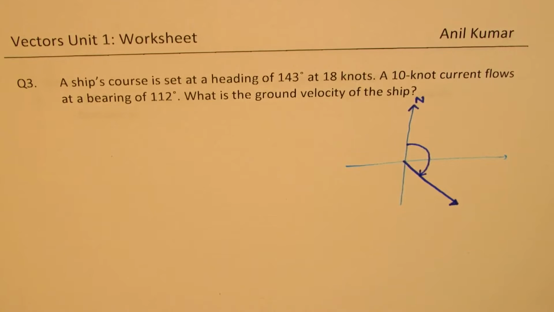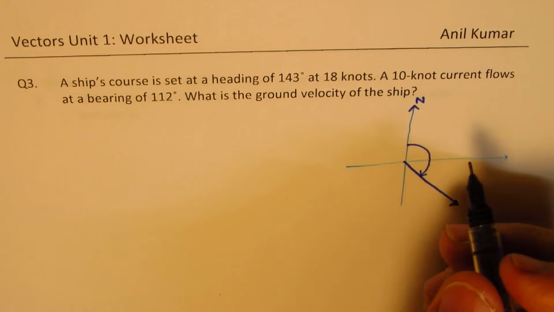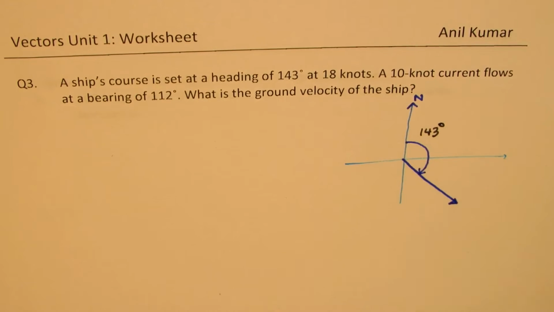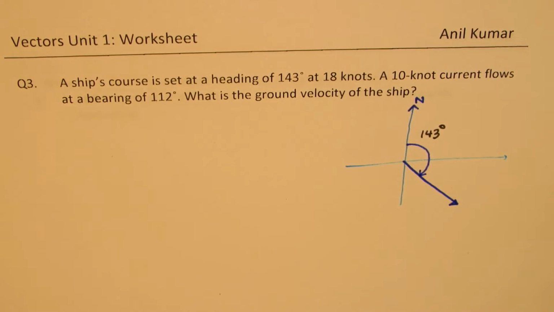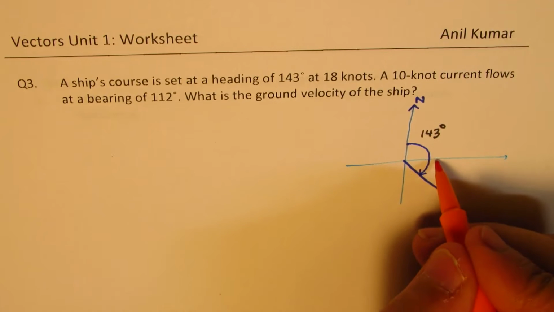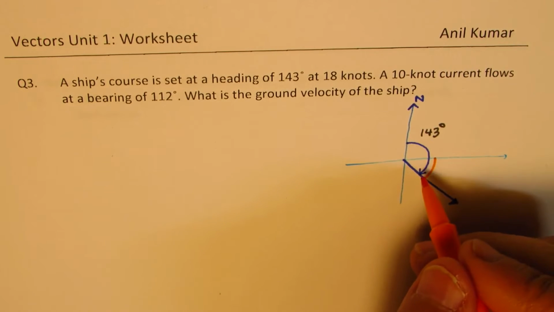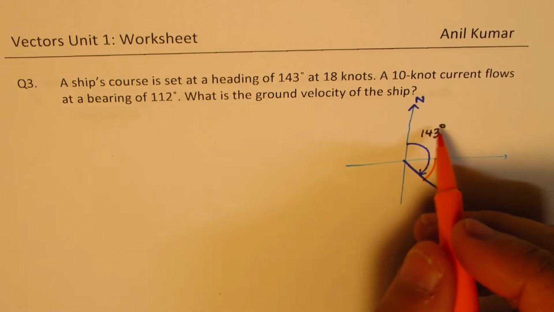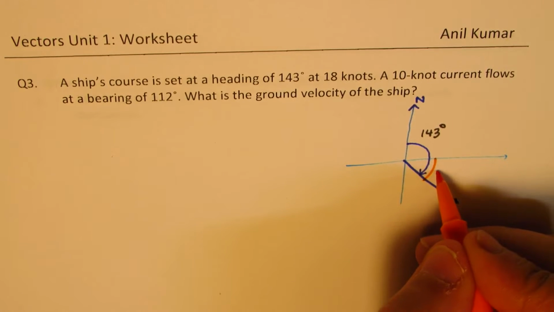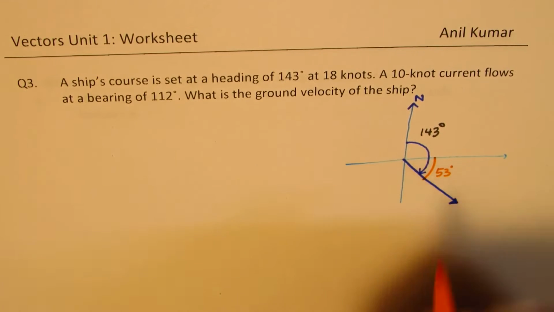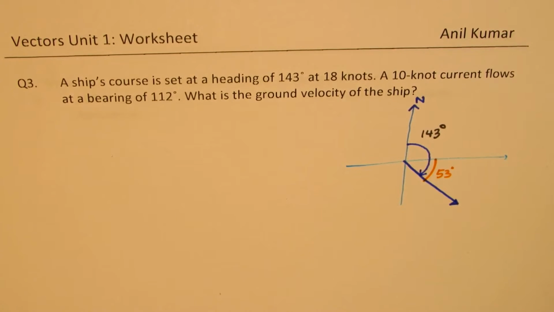You get an idea, right? So this is our 143 degrees in all. Now if that is 143 degrees, then how much is this? Well, this is 90 plus 53, so it is 53 degrees. You can actually resolve and just see that. Okay. So that is one component.